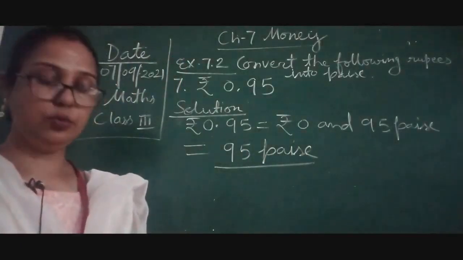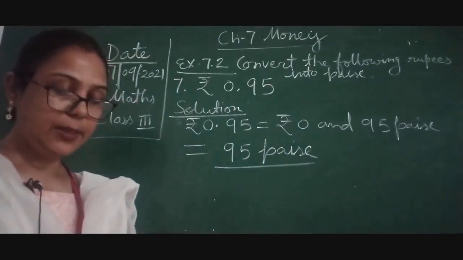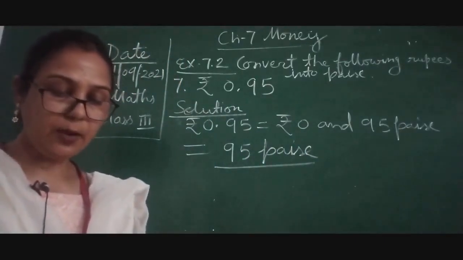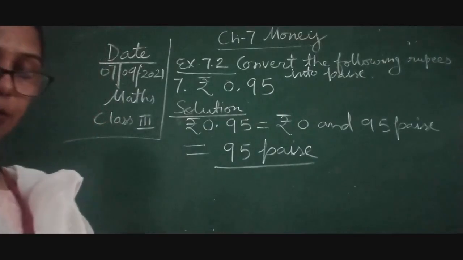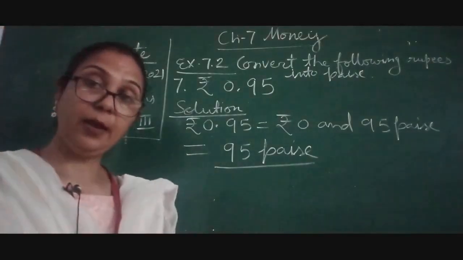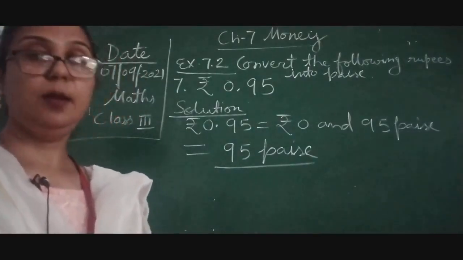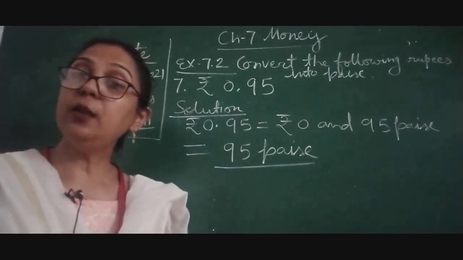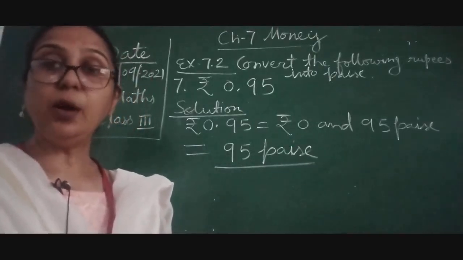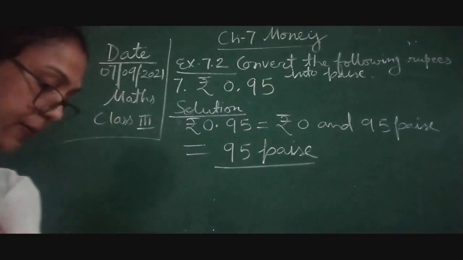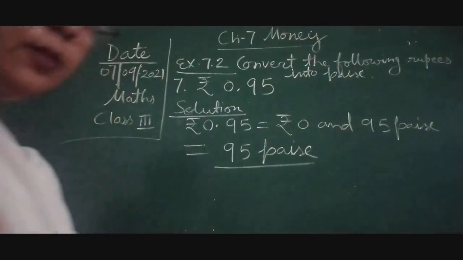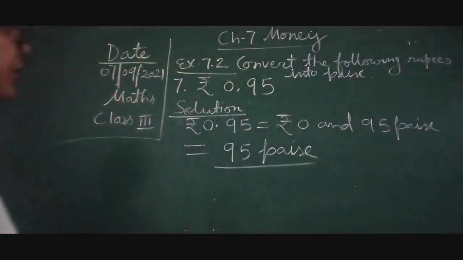Now we are going to do our next number, that is number 8. Here you can see rupees 0.5. Again, here you can see no rupees is there. Okay children, number 7 you have done.